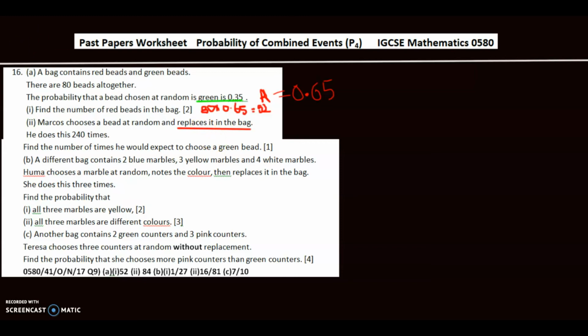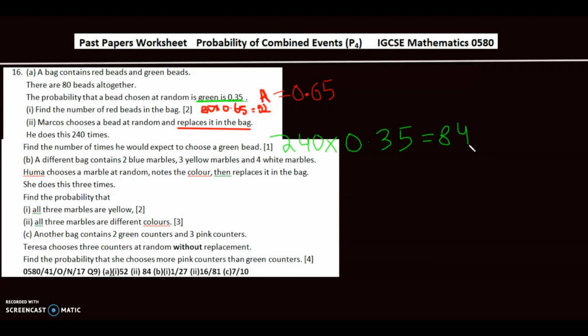So simply multiply 240 with the probability of getting a green bead, which is 0.35, which gives 84.